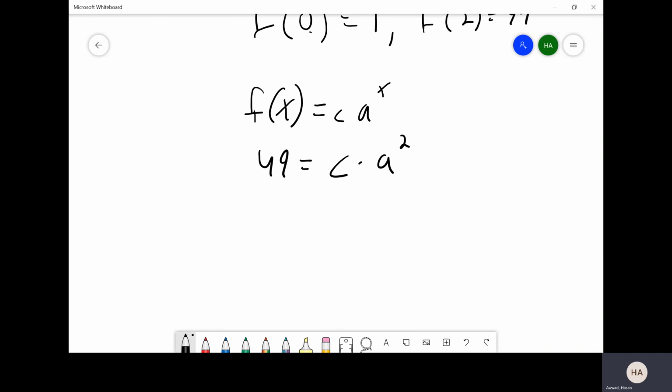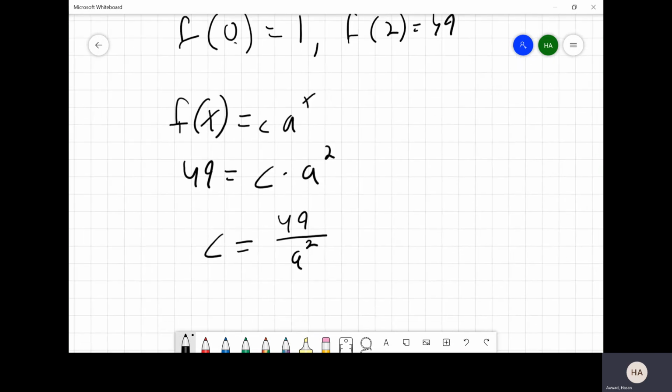Well, let me solve for c, and then I'll go back and figure out what c is later. So solving for c, I'm going to divide both sides by a squared. So I'm left with c is equal to 49 over a squared. Okay, cool. I don't necessarily have an exact value for c, but at least I have something that I can plug in now.